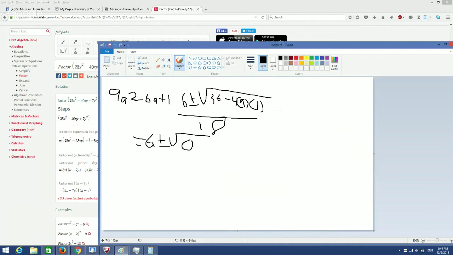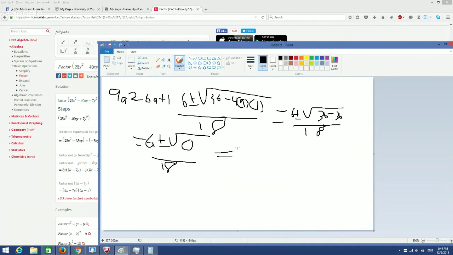Actually, I'll just put that in to be on the safe side. 6 plus minus square root of 36 minus 36 over 18. So because that's plus minus 0 over 18, you're going to get what's called a double root. This doesn't always happen. But here we go.